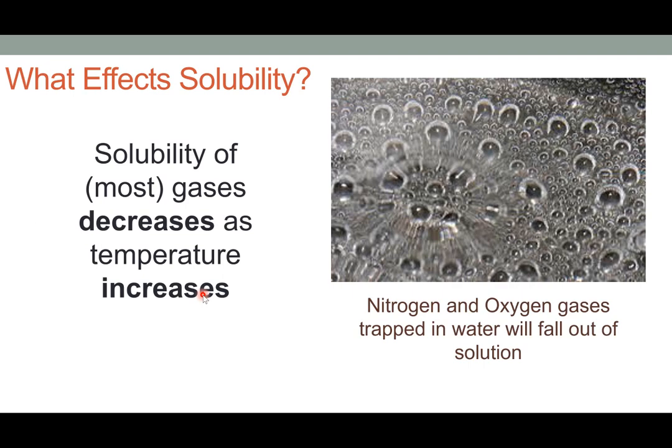So as I warm up that water, it no longer can hold on to those gases, so they come bubbling out or crashing out of solution. Okay. So this one is an inverse. One goes up, the other goes down, one goes down, the other goes up.